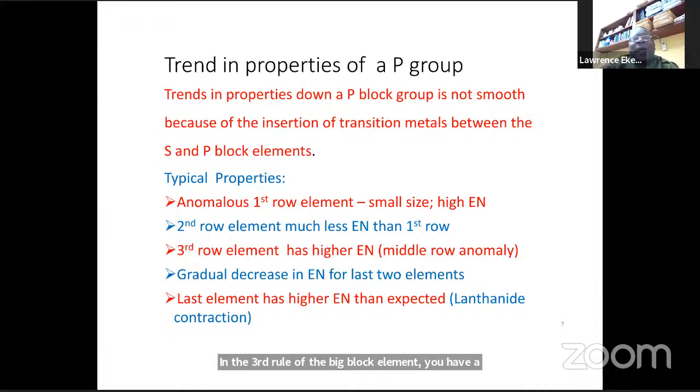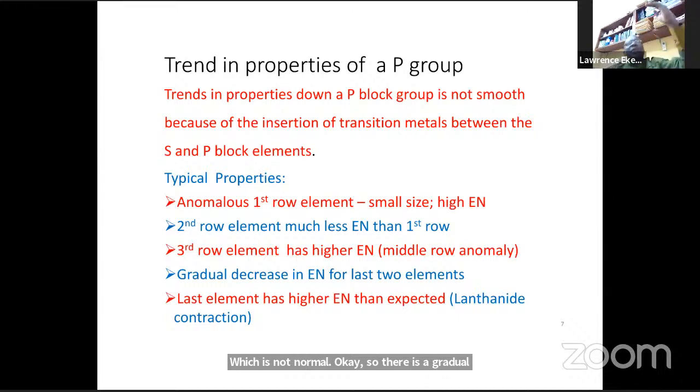Remember, the first row has a high electronegativity. The second row has a lower electronegativity. The third row now has a higher electronegativity, which is not normal. Okay, so there is a gradual decrease in electronegativity for the last two rows.